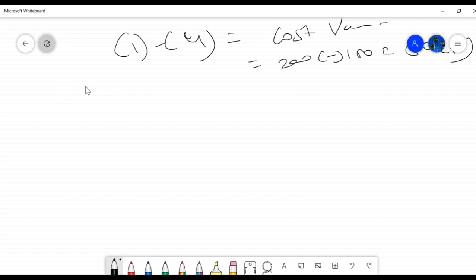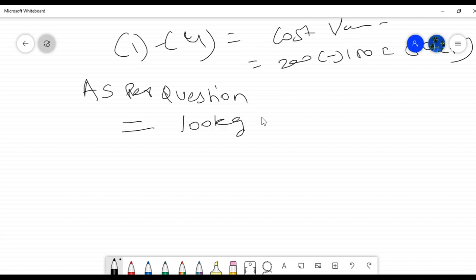As per the question, identify everything for 100 kg of actual output. For actual output of 100 kg, what will be the answer? That is the question.